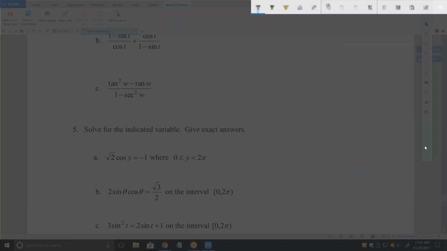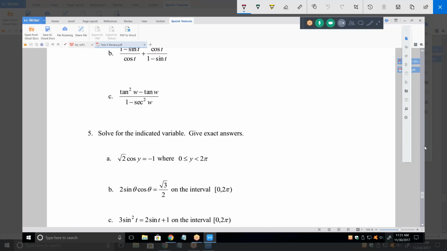Now, you know the rule I said about converting everything to sines and cosines? You don't use that rule if you're looking at a bunch of tangent squareds and secant squareds, because we have Pythagorean identities for those.